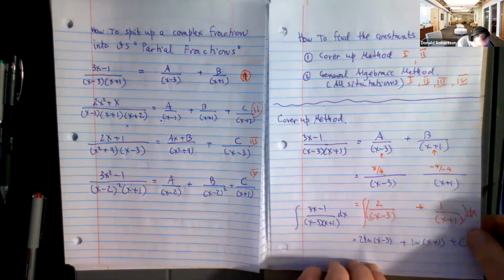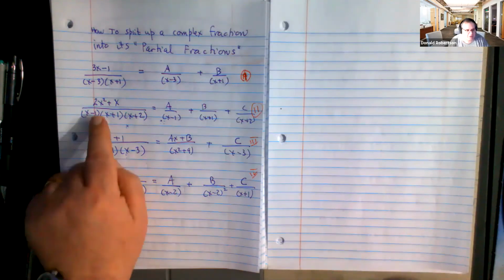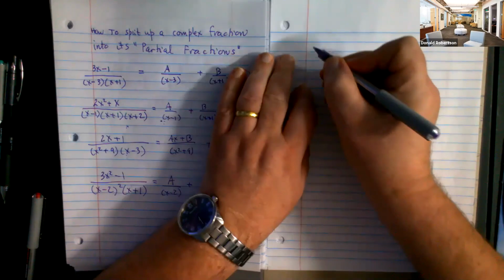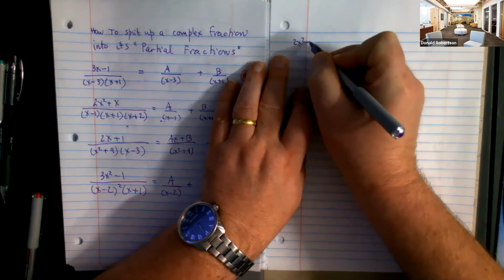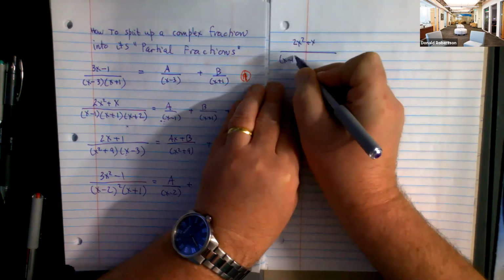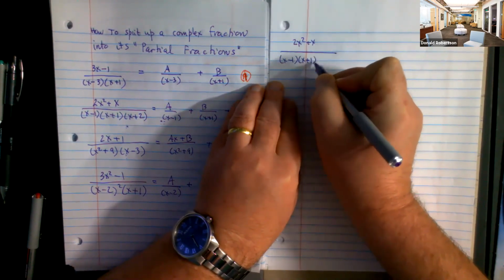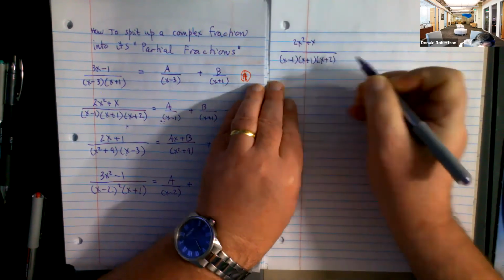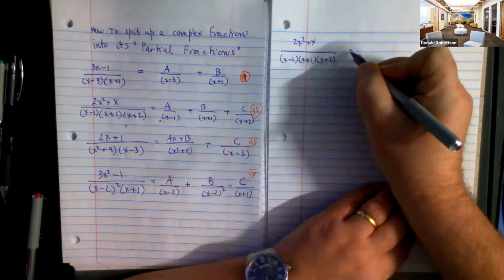Okay, let's try another one. Let's do this big ugly guy. 2x squared plus x over x minus 1, x plus 1, x plus 2. And we already know that it splits as 3 pieces.